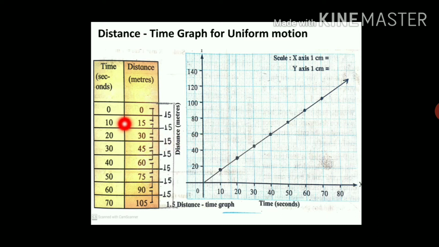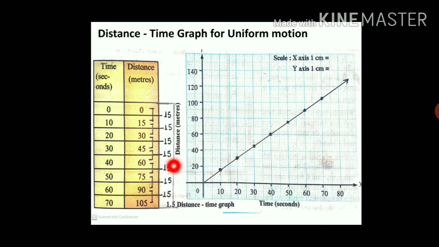In each 10 seconds the car travels equal distance in equal time intervals.